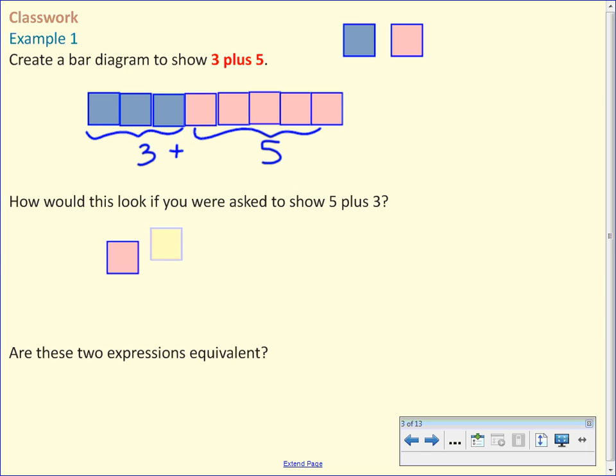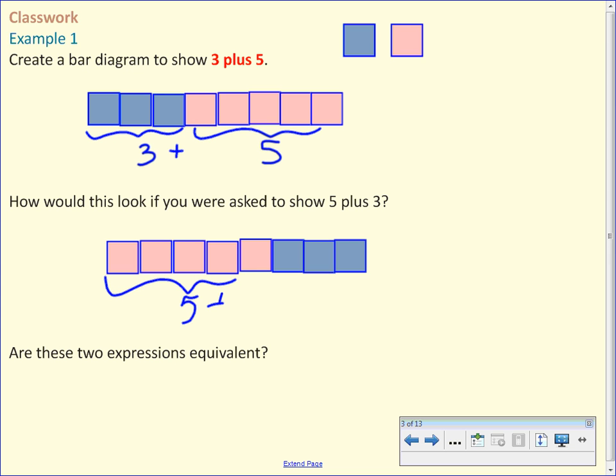1, 2, 3, 4, 5. 1, 2, 3. So now we have 5 plus 3. Let me straighten that out.